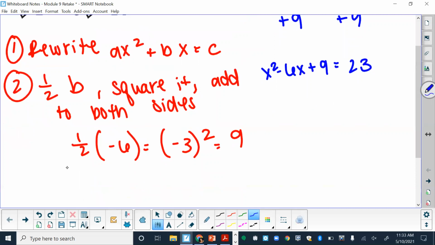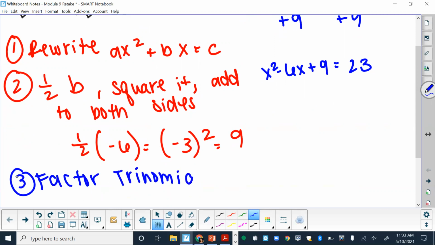Next, we factor the trinomial, which if you don't remember the special way that we did that, just do the diamond method. I'm confident you guys can do that one. So if I set it up with the diamond, what number multiplies to 9 and adds to -6? Good, and they should be the same. All right, because it's a perfect square trinomial.